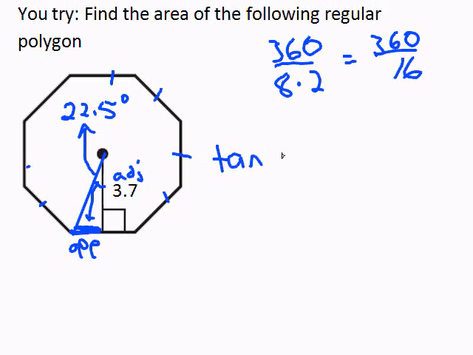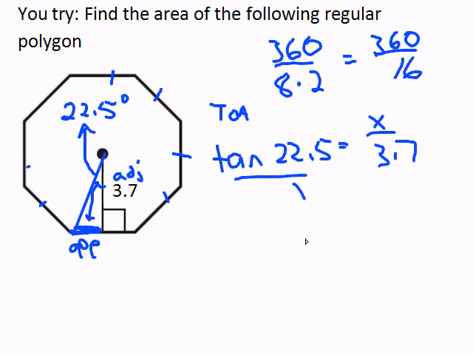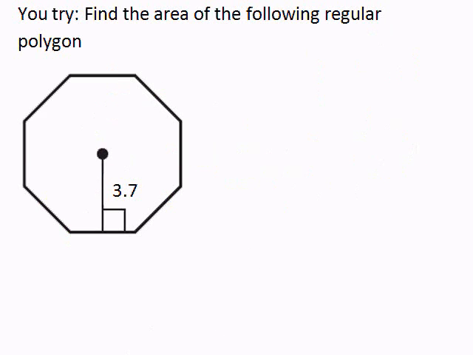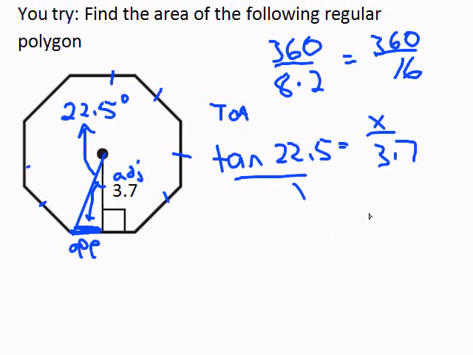So we go tangent of 22.5 is equal to, notice it's TOA, so it's opposite, which we do not know, so I'm going to use an x, over the adjacent, which we know, which is 3.7. I'm going to go ahead and cross multiply 3.7 times tan 22.5 and divide by 1. Which, when I put it in my calculator, I got x, or that missing length right here, as 1.53.